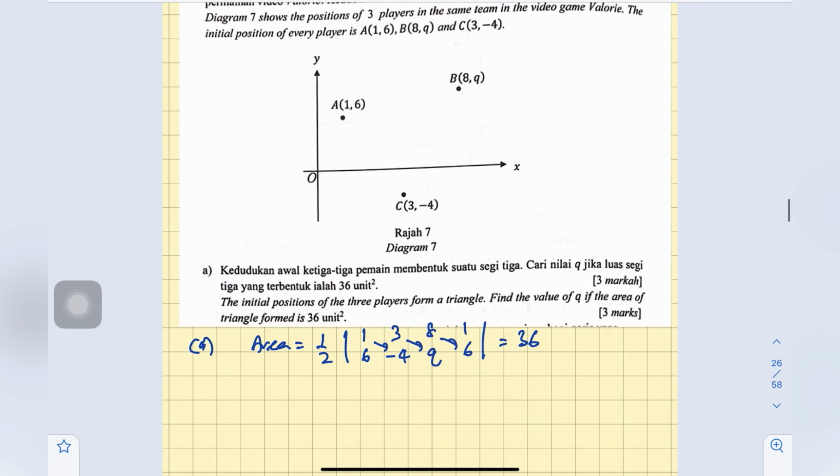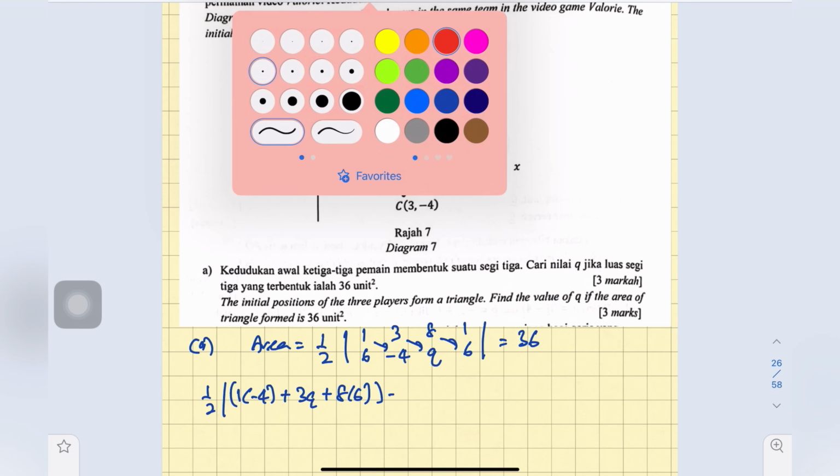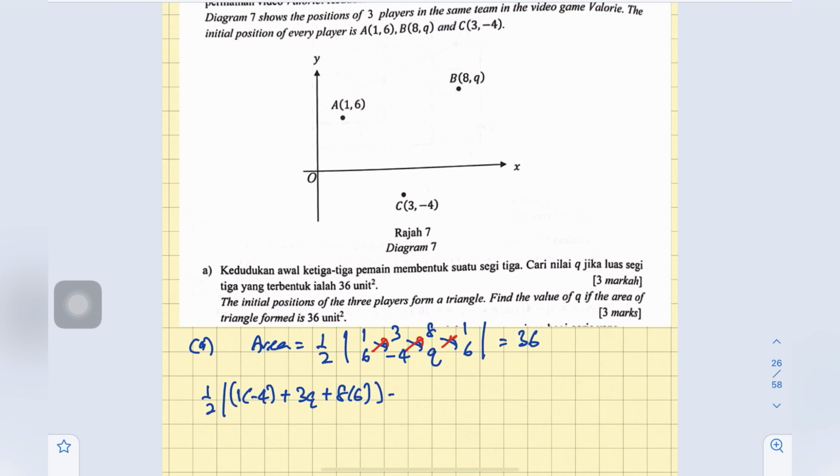So this one 1 over 2, 1 times negative 4 plus 3q plus 8 times 6, minus yang opposite pula: 6 times 3 plus negative 4 times 8 plus q times 1. So then this one equals to 36.